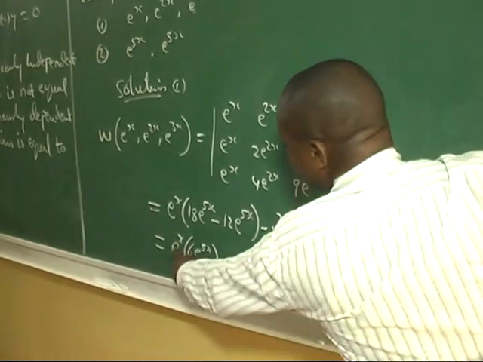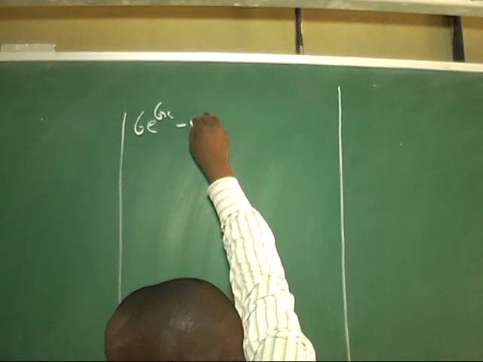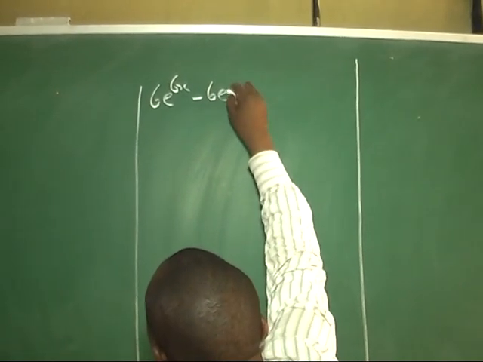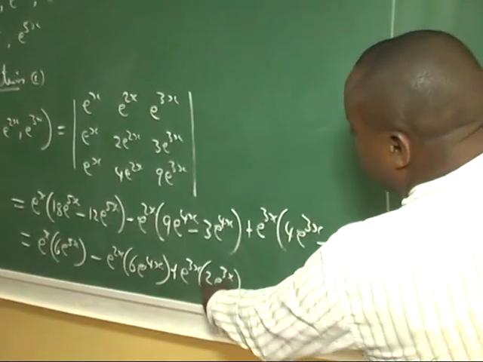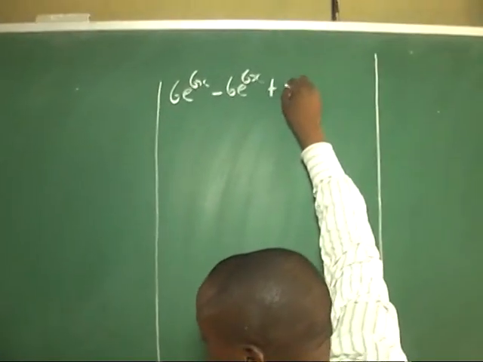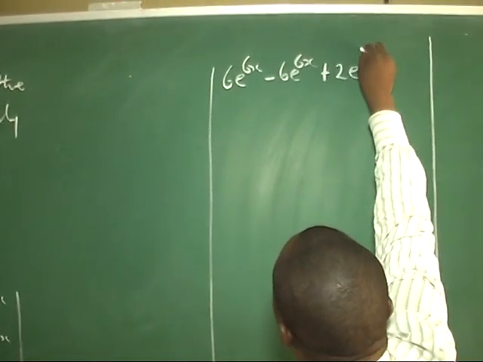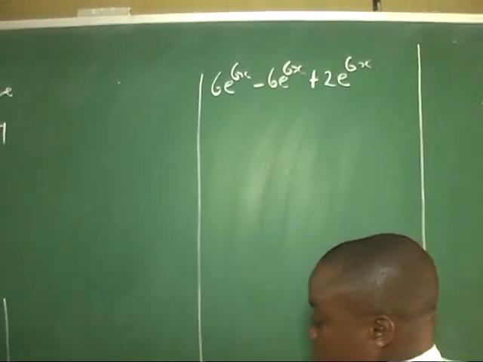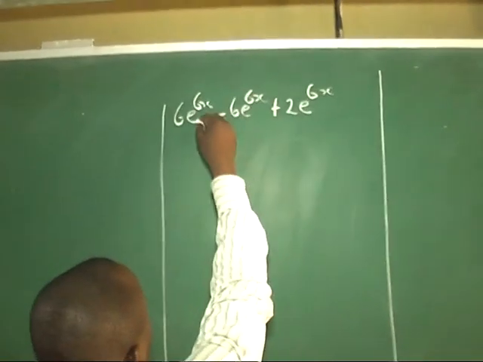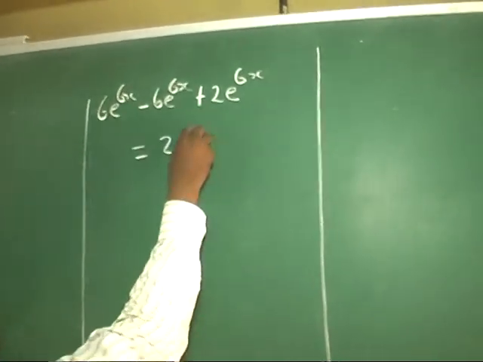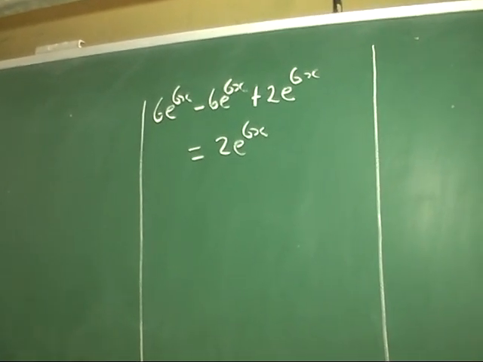We have 6 exponential 6x minus 6 exponential 6x, which is this. So then here is plus 2 exponential 6x, that is multiplying this by this. Now we see that this and this can go, so what we have is 2 exponential 6x. That is the Wronskian function of those functions.